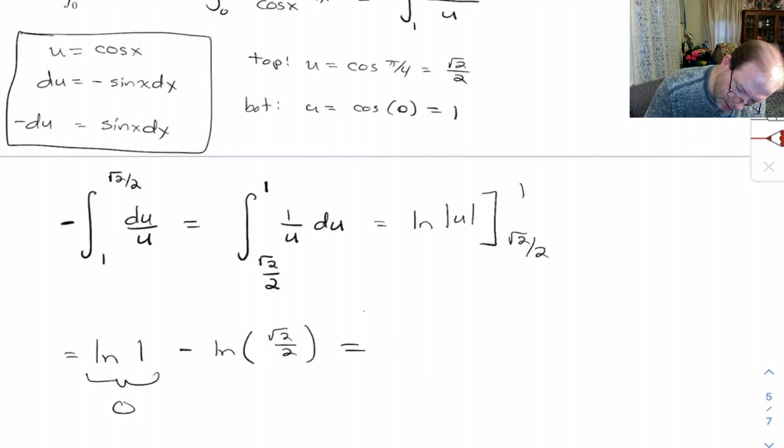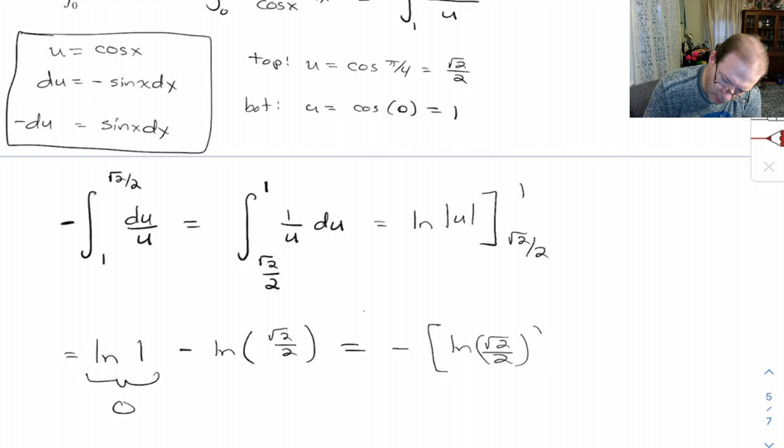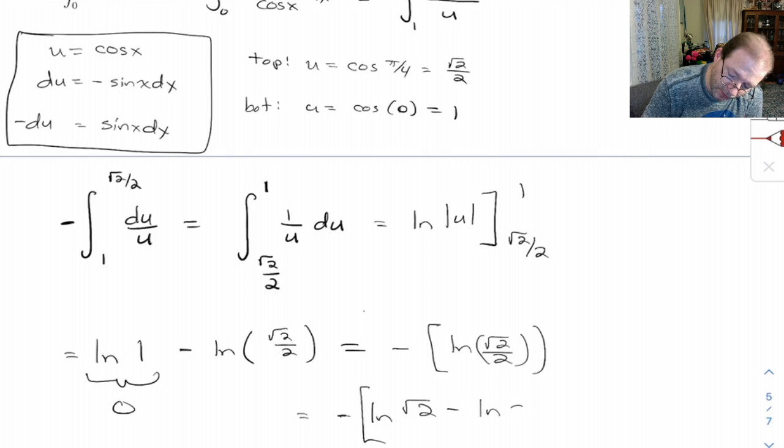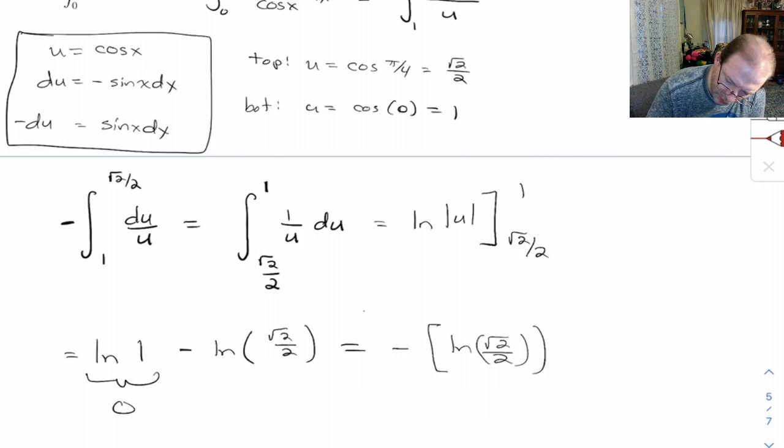Now this other one, minus ln of root 2 over 2, I'm going to break that up, because I think we could write this in a nicer way. This is ln root 2 over 2. I can break that into minus ln of root 2 minus ln of 2. Actually, I don't want to do that. That would work, but there's a simpler way of doing this. Let me back up just a little more.